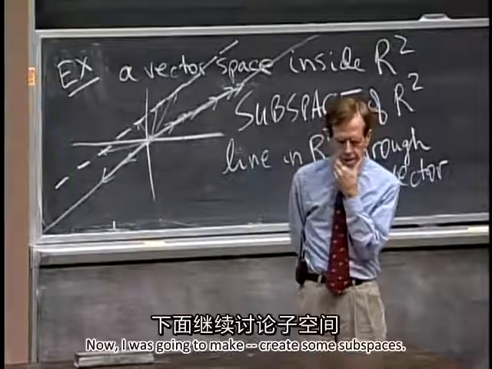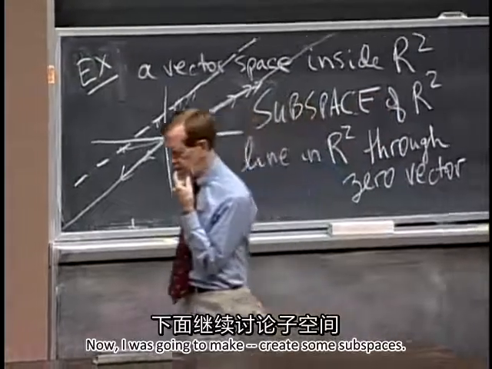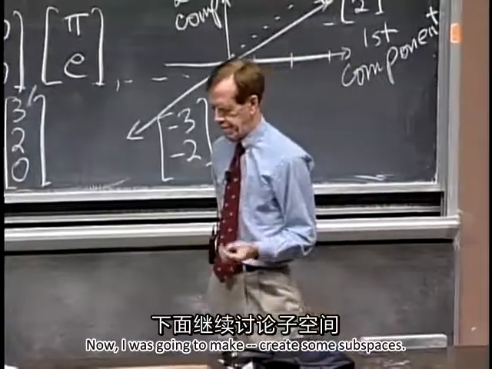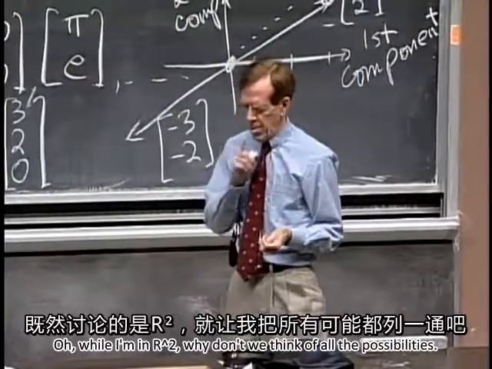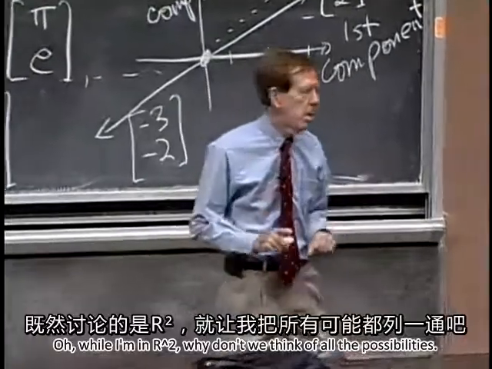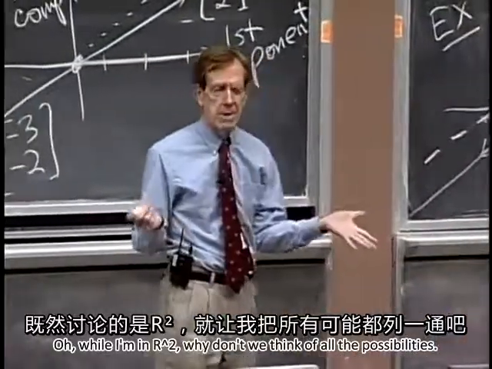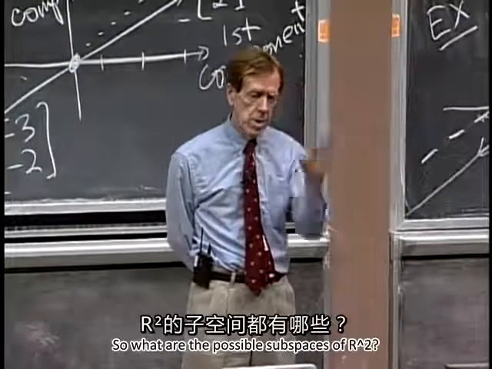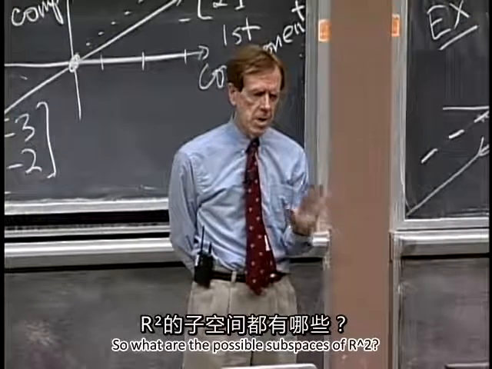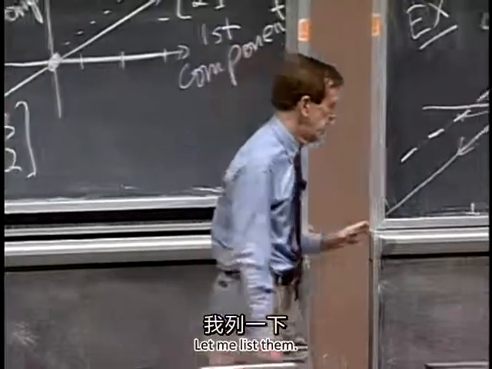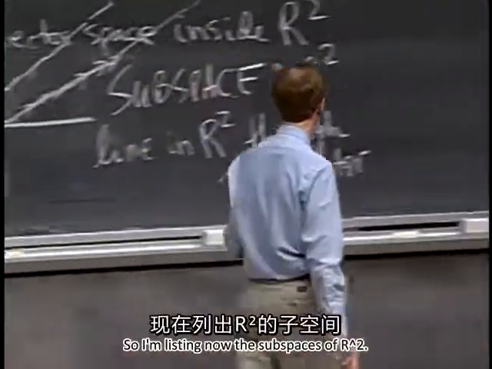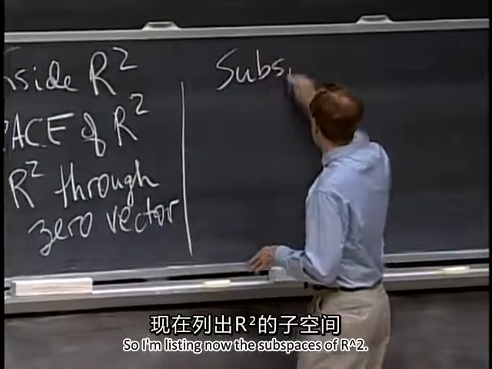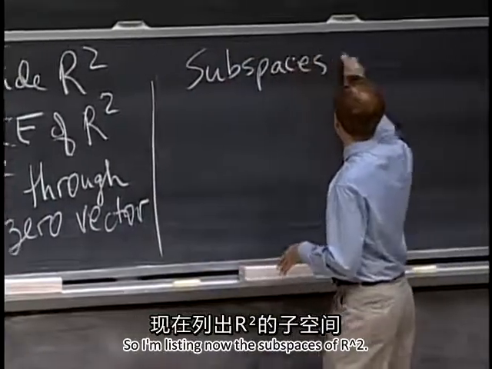Okay. Now, I was going to create some subspaces. Oh, while I'm in R2, why don't we think of all the possibilities? R2, there can't be that many. So what are the possible subspaces of R2? Let me list them. So I'm listing now the subspaces of R2.